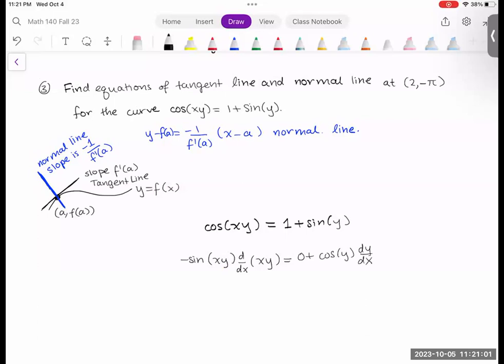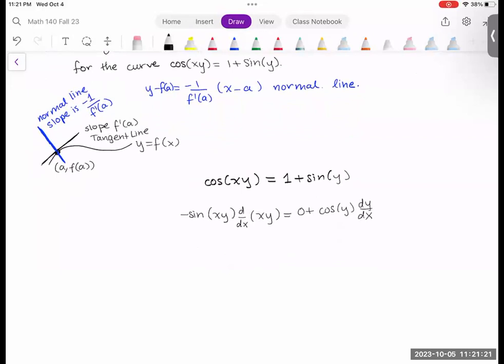We differentiated the outside function sine to give cosine, evaluated at the argument y, so we have cosine of y, and then multiplied by the derivative of the inside, which is dy dx. Now let's think about the derivative of x times y. It's a product, so we use the product rule.